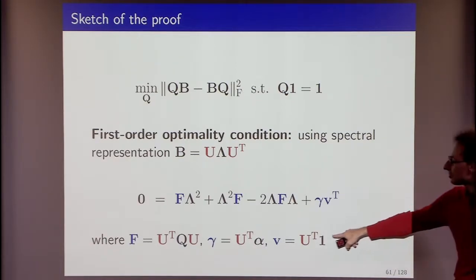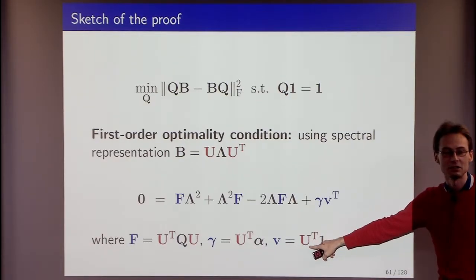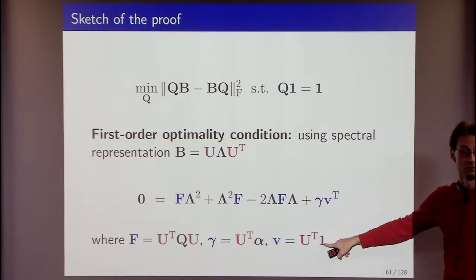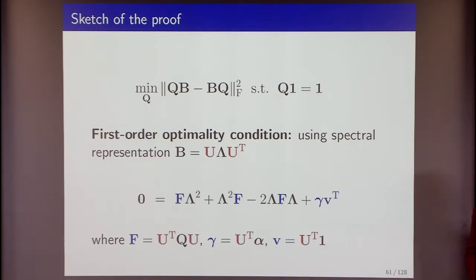And remember, because we assumed that our graphs are friendly, no entry here is 0. Okay? So basically, I need to solve this system with respect to F and gamma. And obviously, what I'm going to show is that this system is full rank.